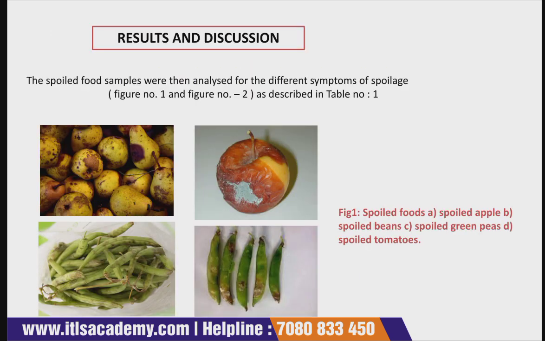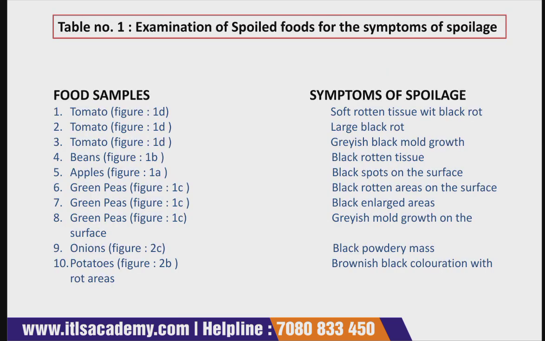The second tomatoes have a large black rot. In another image of tomatoes, there is a grayish black mold growth. Peas also have black rotten tissues.